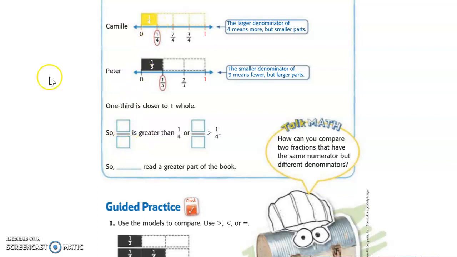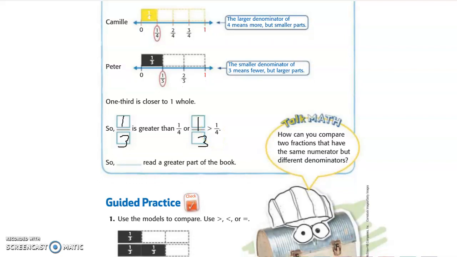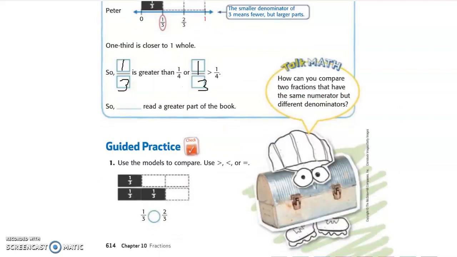So over here, when they're asking us to fill in our little answers, it says, so blank is greater than 1/4. We're going to say that 1/3 is greater than 1/4, or we can write it this way as well using our greater than symbol.